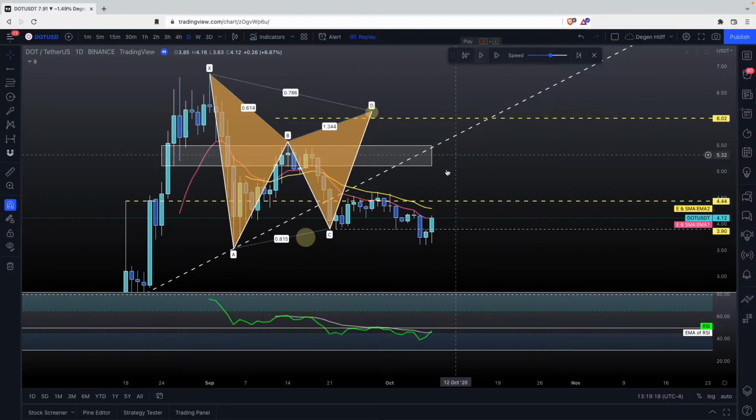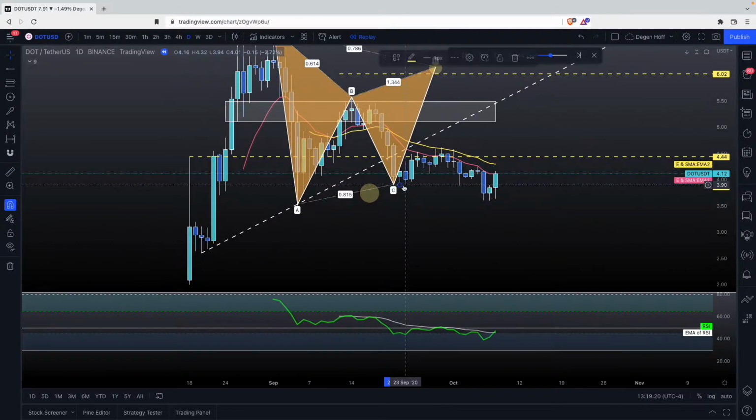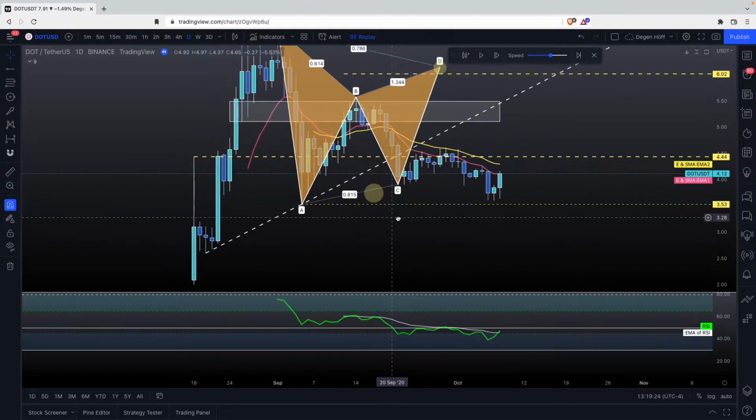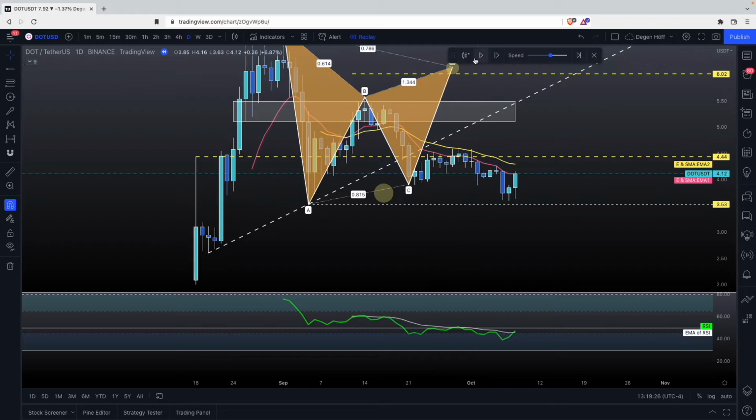Nope. So what was this liquidity point? Alright, so that's the last liquidity point.